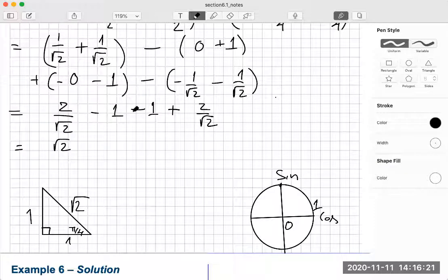Then here negative 1 and negative 1 give us negative 2. Once again, here is square root of 2. Therefore, it is 2 times square root of 2 minus this. So, is it clear? Okay.